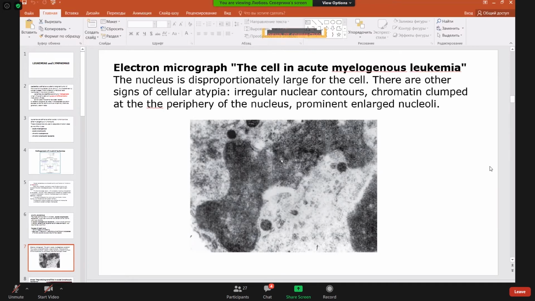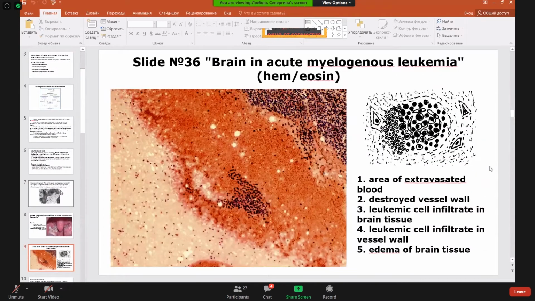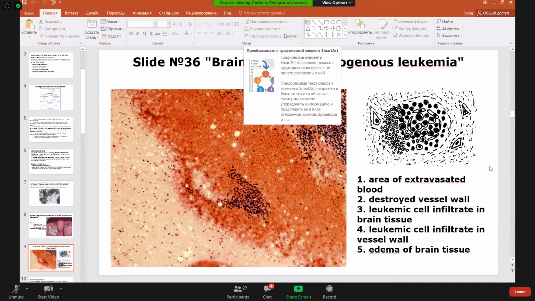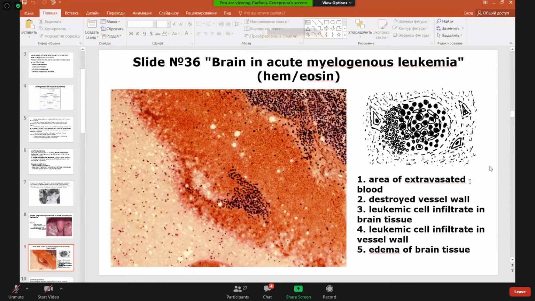So irregular distribution of the chromatin inside the nucleus, unusual shape of the nucleus, all of these markers we can find only in the atypical malignant cells, in blastic cells too. This electron micrograph confirms the conception that all of acute leukemias resemble the malignant tumors.